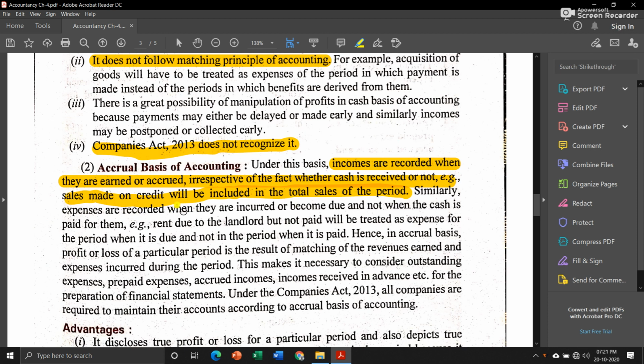Similarly, expenses are recorded when they are incurred or become due, and not when the cash is paid for them. Example: rent due to the landlord but not paid will be treated as expense for the period when it is due. You will not wait. Means if the amount had become due, then you have to write outstanding rent.